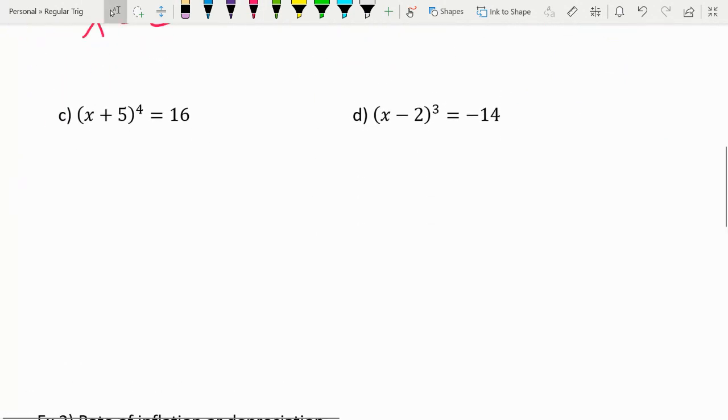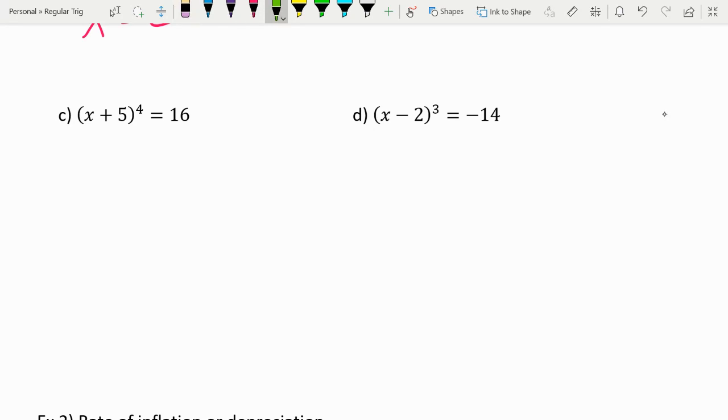Now let's look at C. In C, you notice that x plus 5, that whole thing, is being raised to the 4th power. So right away I have to get rid of that 4th power, because I can't do anything with that x or that 5, because both of them are being raised to the 4th power. So again, how do I get rid of something being raised to the 4th power?